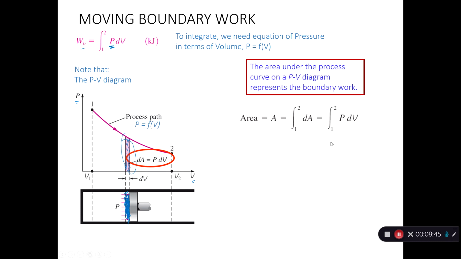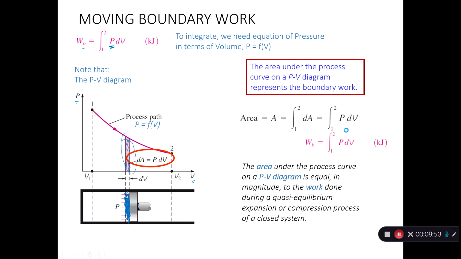So apart from the equation, the area under the process curve on the PV diagram also represents boundary work. So you've learned two things now, the equation and that area.